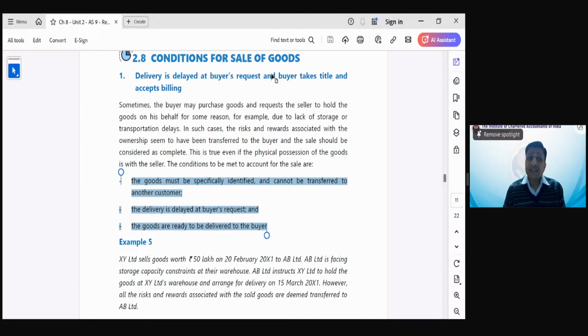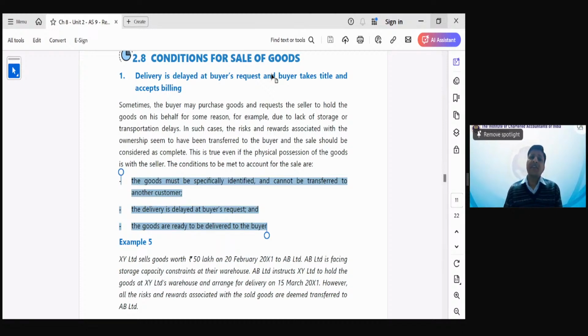Tambeshwari is asking, sir, in this case, when should the revenue be recognized? In fact, that is the question which you need to answer now. What do you think? When should the revenue be recognized in this case? 20th of Feb or 15th of March? If you have understood the concept, you tell me when should this revenue be recognized by the seller?